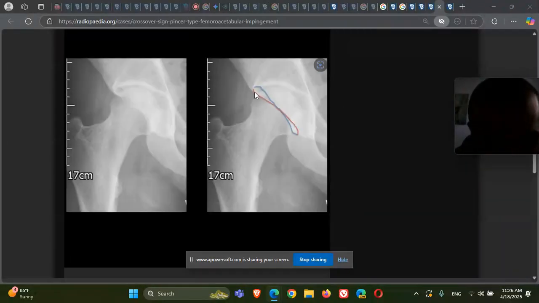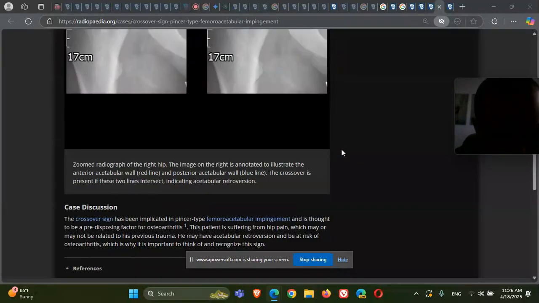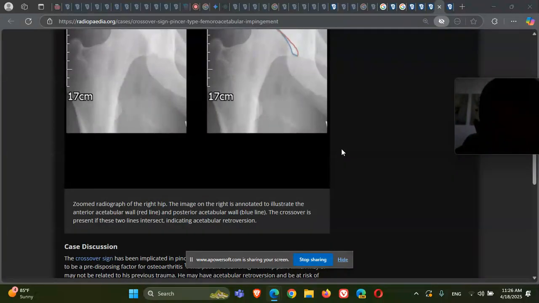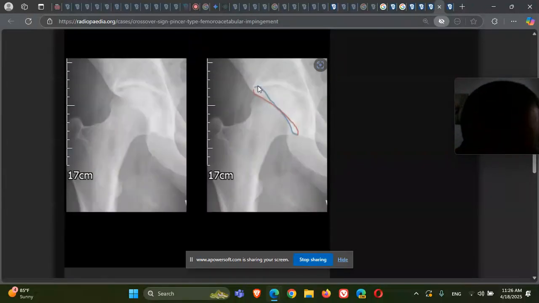Okay, so you can see that they cross over each other, which should not happen. This crossover indicates acetabular retroversion for femoroacetabular impingement of pincer type deformity. Not very easy to see, I must say.